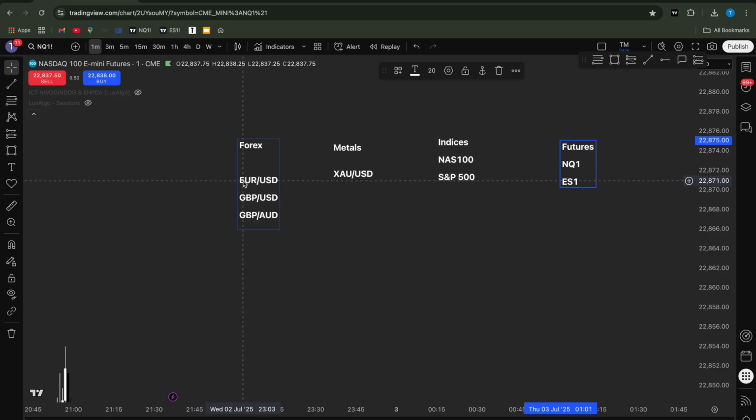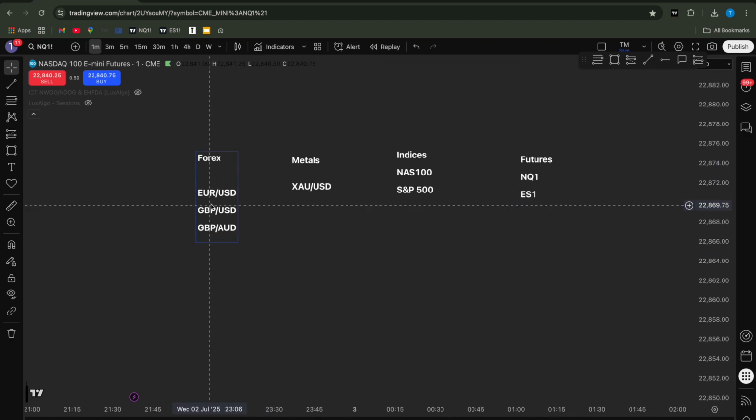So say if you're bullish, sorry, on euro USD, you're betting that the euro will be stronger than the US dollar. Whereas if you're bearish, looking for sells on euro USD, you are betting that the US dollar will be stronger than the euro, or the euro will be weaker than the US dollar. So that's essentially what you're trading on forex.